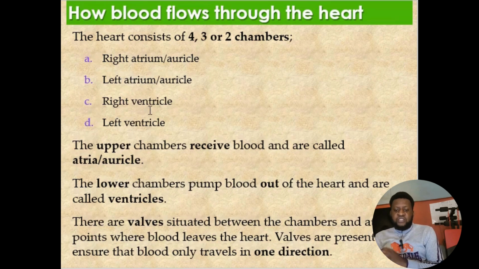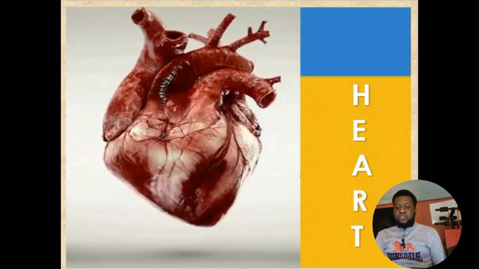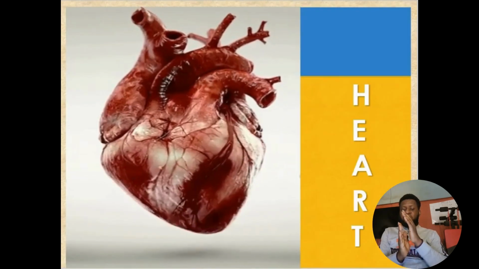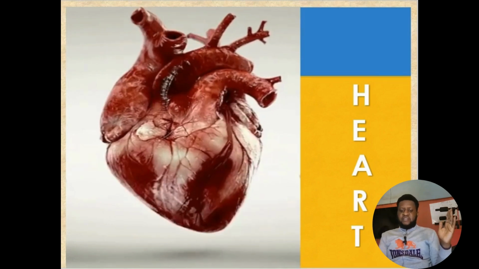Now these chambers comprise the atrium and the ventricle. If you look at the way the heart is structured, you can easily partition it into two, the left and the right.